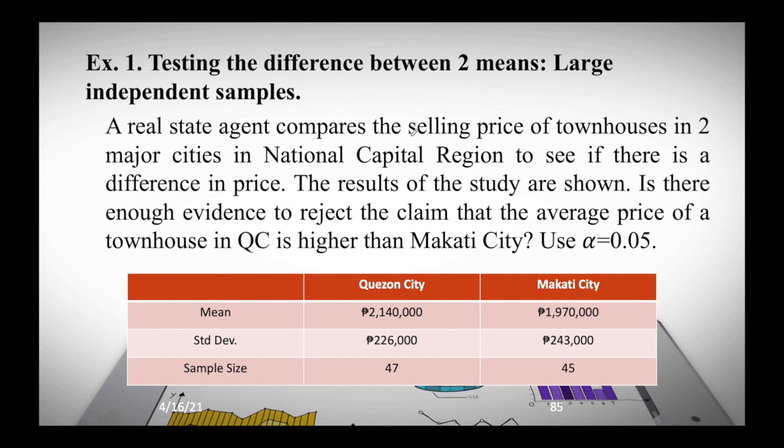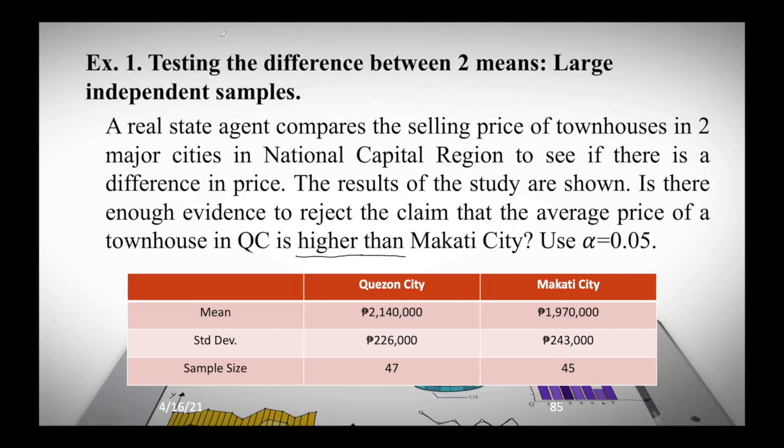Is there enough evidence to reject the claim that the average price of a townhouse in Quezon City is higher than Makati City? Again, take note of the last sentence of the problem: average price of a townhouse in Quezon City is higher than Makati City. So, the claim here will be the alternative hypothesis, at alpha level 0.05.